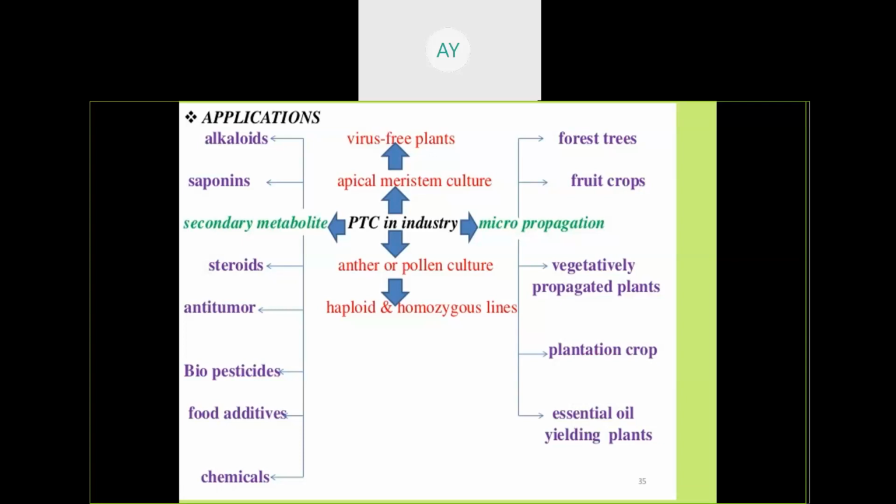So just for experimental purpose we do this process so that we can produce the best variety of the plants, okay, or it can be plant of the vegetable, it can be plant of fruits, it can be plant of essential oil.